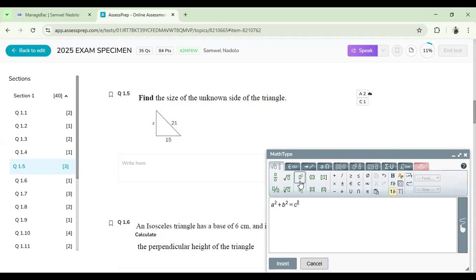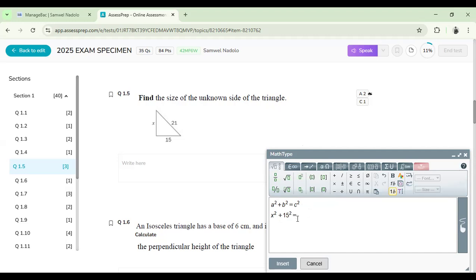All right, with the formula in mind, you're going to use this formula to solve that triangle. Because the side 21 is the hypotenuse, treat 15 as one of the other sides. So let's say x is our a, so we'll write x squared plus 15 squared is equal to 21 squared.